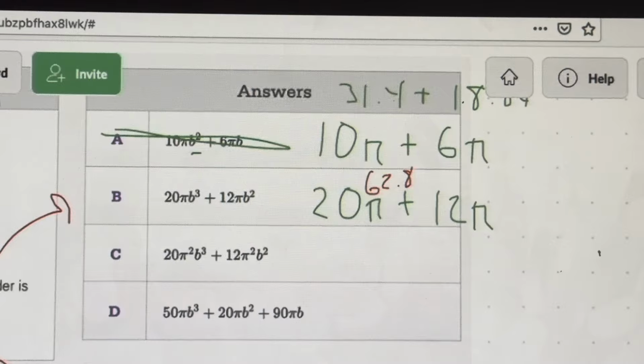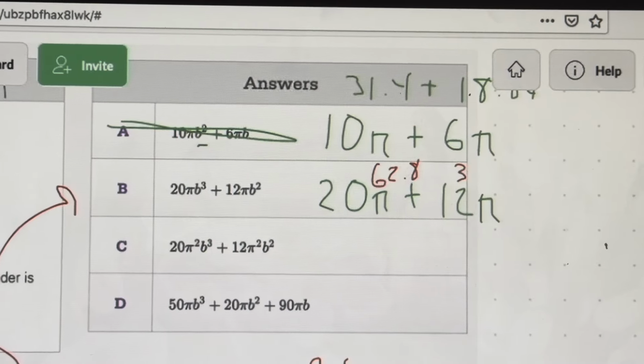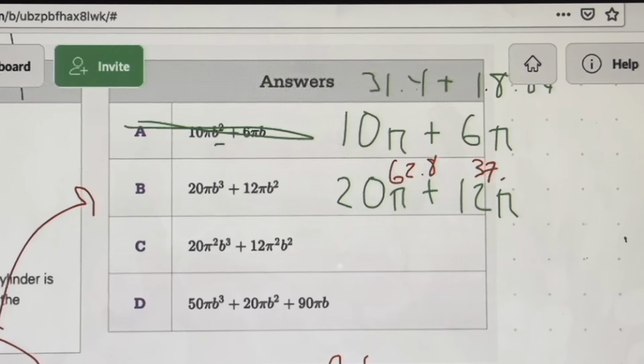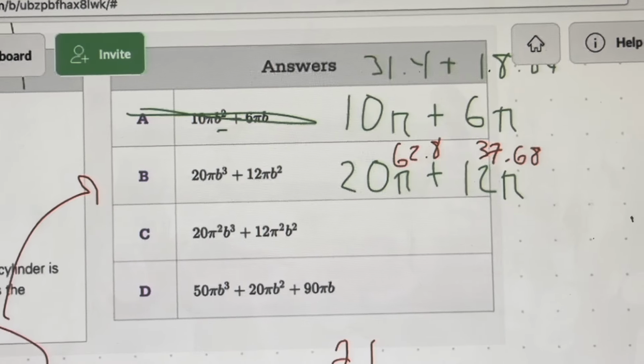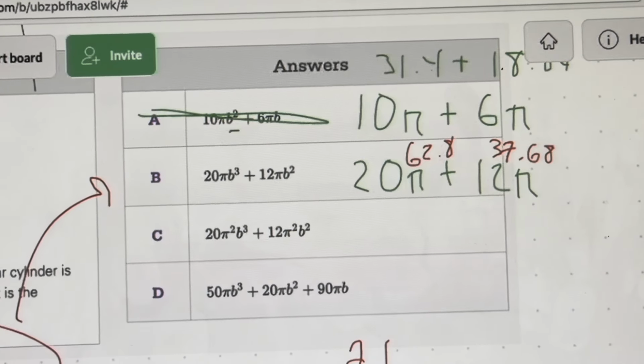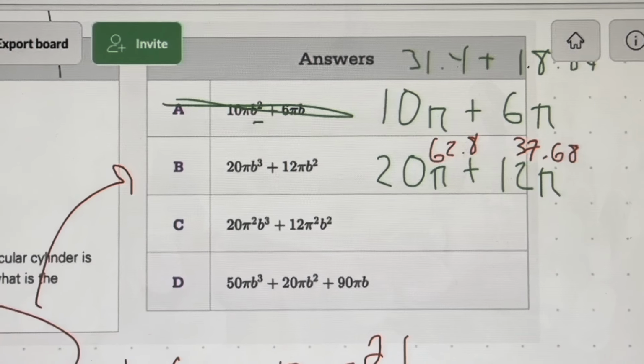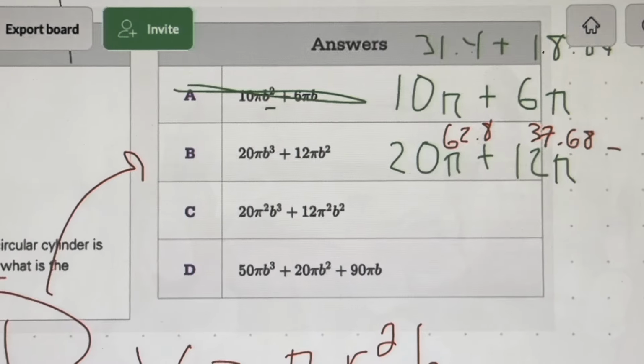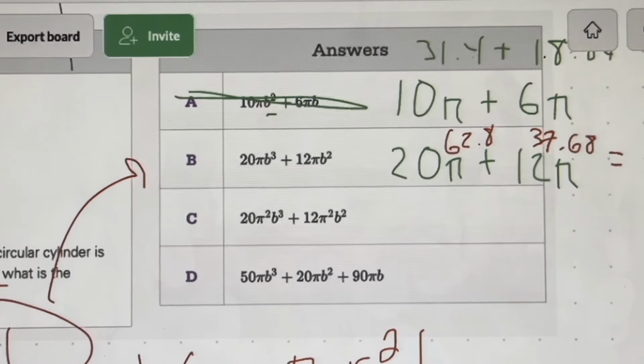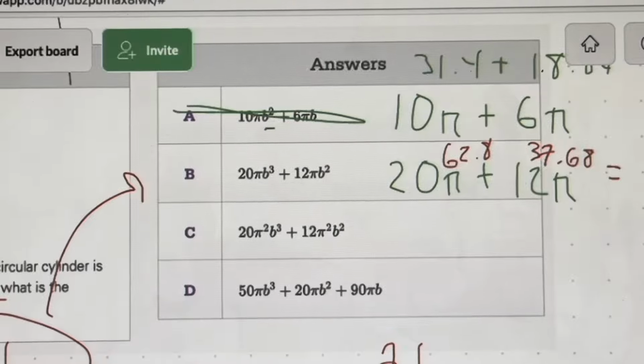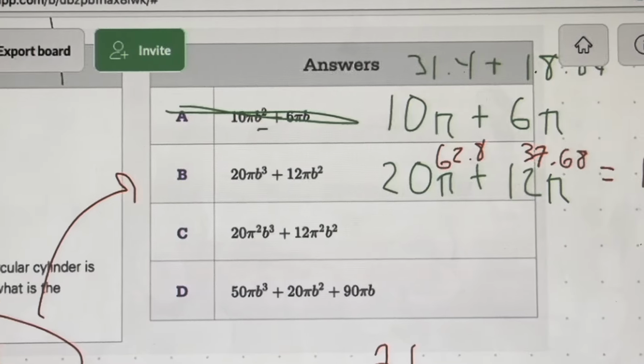Yeah, 62.8 plus 37.68. Yep, I got the same. Ooh. Yeah, 100.48. Is that it? Yeah. Hey, that works. Let's keep it.